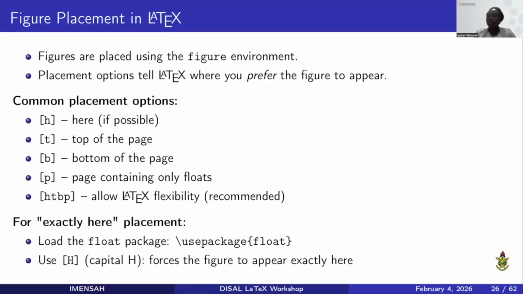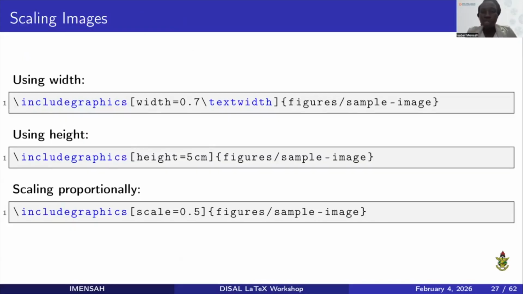The disadvantage is that whether there is enough space, whether there is enough width, whether there is enough whatever, it doesn't care. It will force it to be there. And sometimes it will distort your alignment and a few other things. So you just have to be careful when you are doing it.